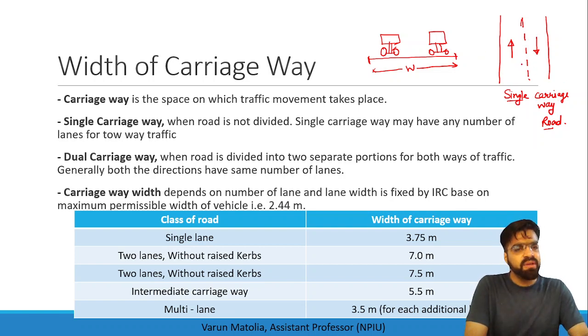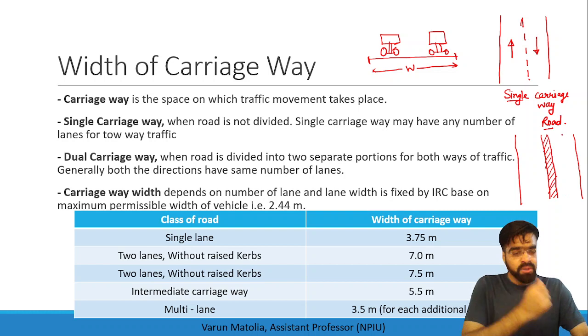But when we put a divider or a separation in between these two lanes or these two directions in order to reduce the interaction between these two directions, then this becomes a divided carriageway. If there is a separation provided in between, not just markings, it is generally known as median, or you call it a divider.